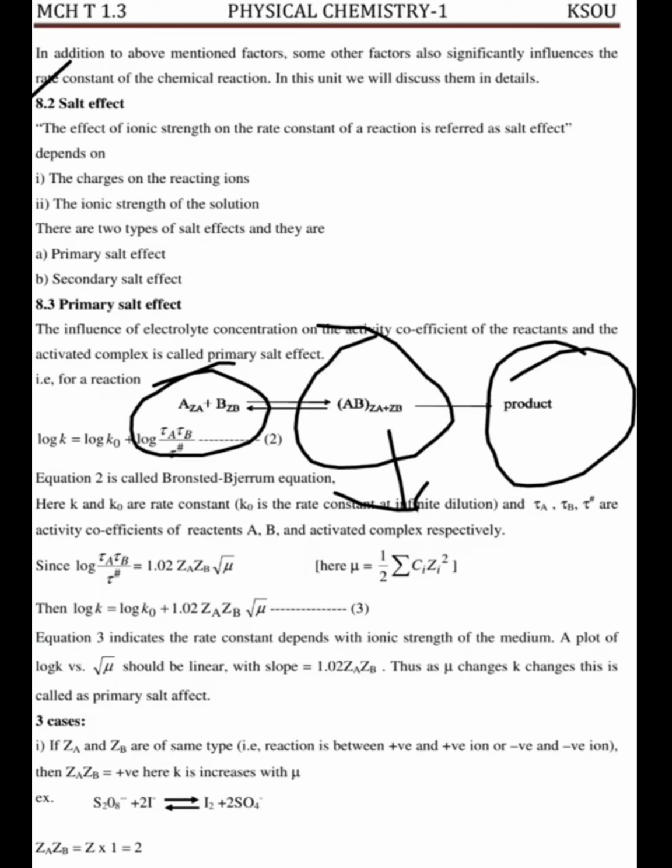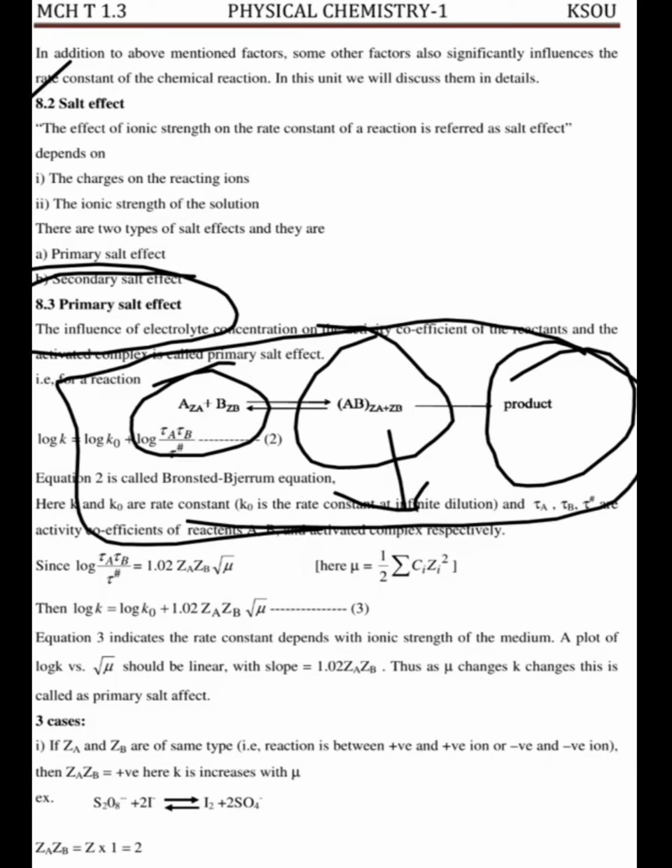So in the primary salt effect, the rate of reaction mainly depends on the electrolyte used for the reaction.